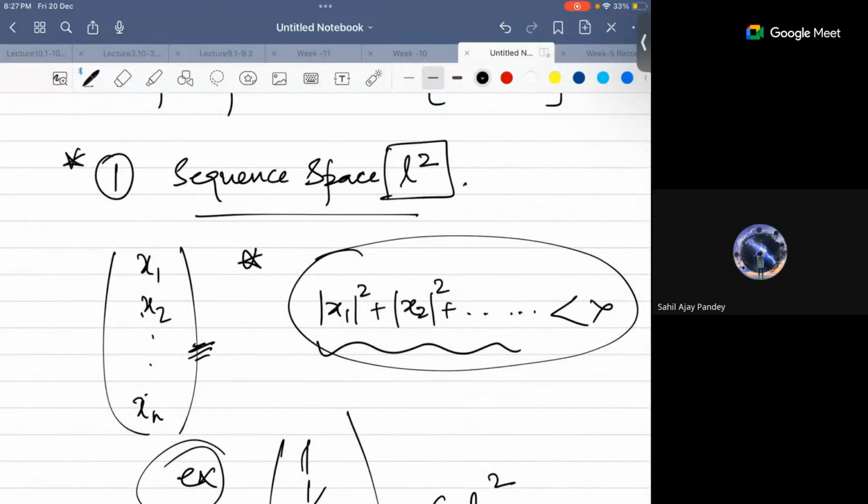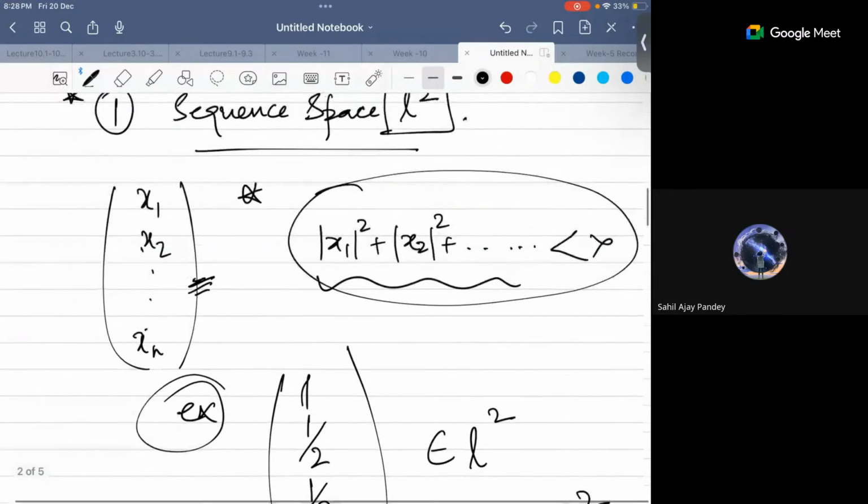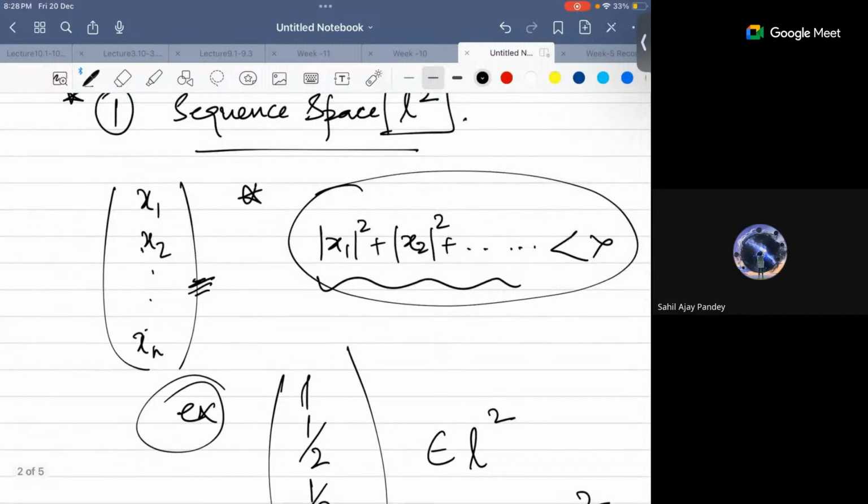You can be given n number of values, a signal in the form of a sampled vector, and you will be asked whether that sequence space belongs to L2 or not. To check that, for whatever sequence has been given, calculate the norm square for each of the values of your sequence, and then do the summation.